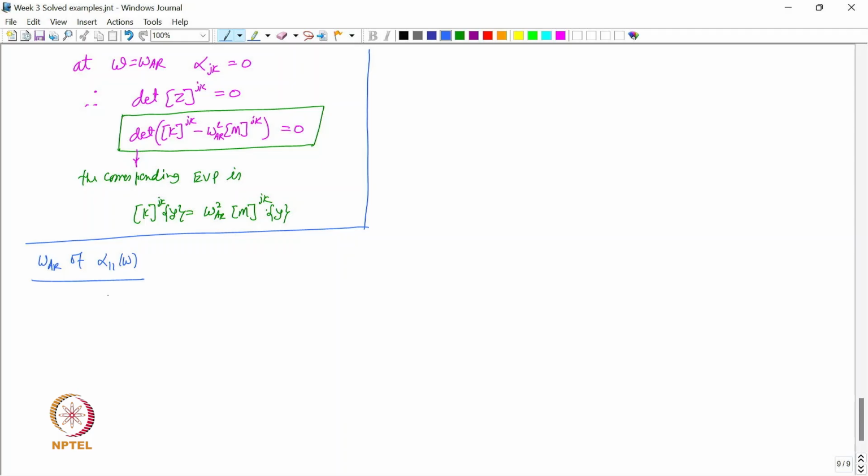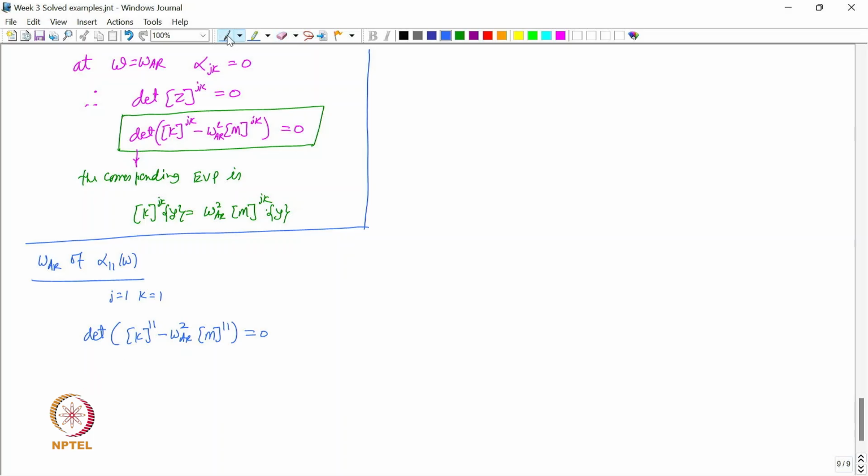So, in this case j is equal to 1 and k is equal to 1. So, therefore, what is our governing equation then? The governing equation to find antiresonance frequencies is K11 minus omega AR square M11 is equal to 0. This is the governing equation, and now we need to find what K11 and M11 are. Maybe we can first find that and then substitute.